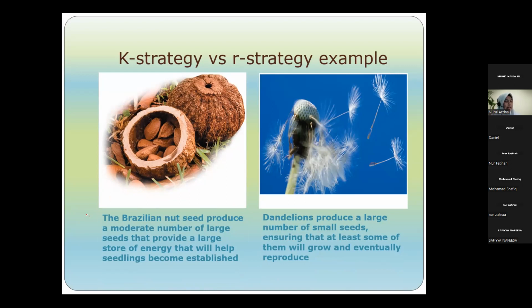Okay, A. Brazilian nut seed produce a moderate number of large seeds that provide a large store of energy that will help the seedlings become established. B. Dandelion produce a large number of small seeds, ensuring at least some of them will grow and eventually reproduce. So, between A and B, which one is K strategy?